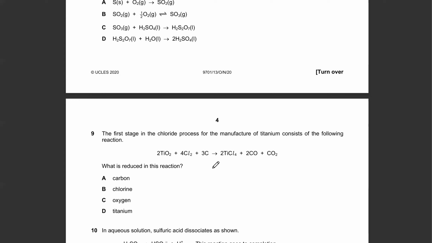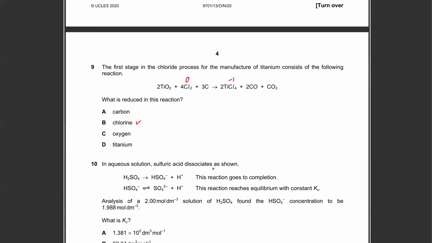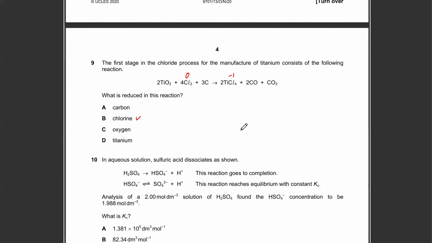Who got reduced? Chlorine got reduced. There's 0 and it's minus 1 over here, right? Carbon got oxidized, 0 to plus 2, and plus 4 as well.